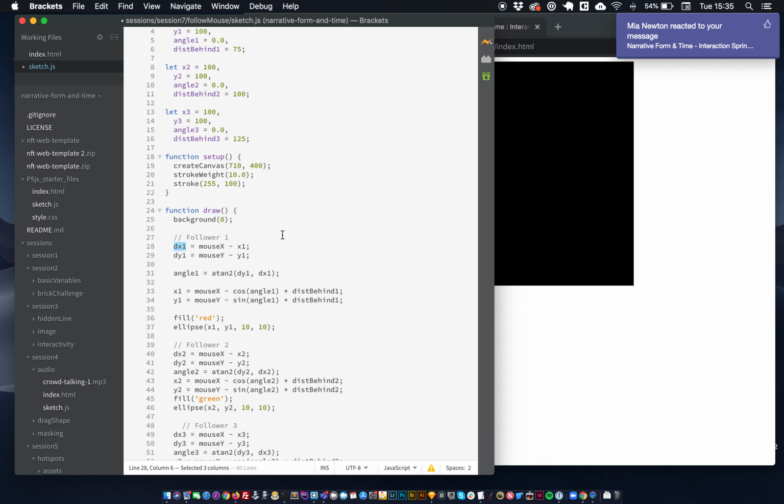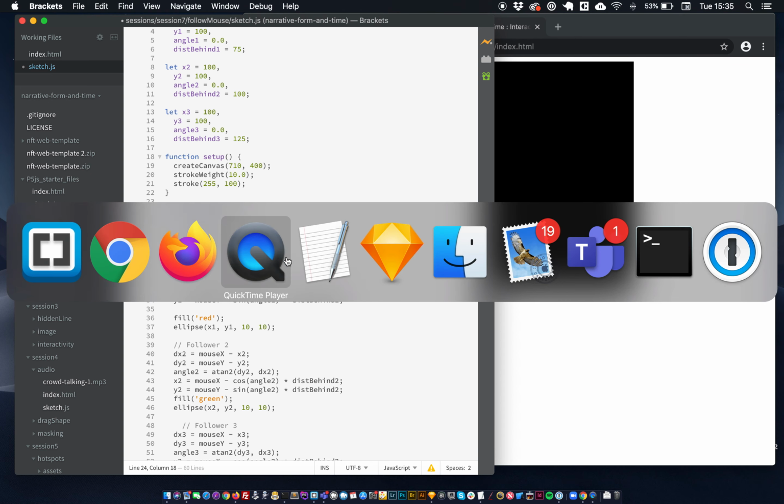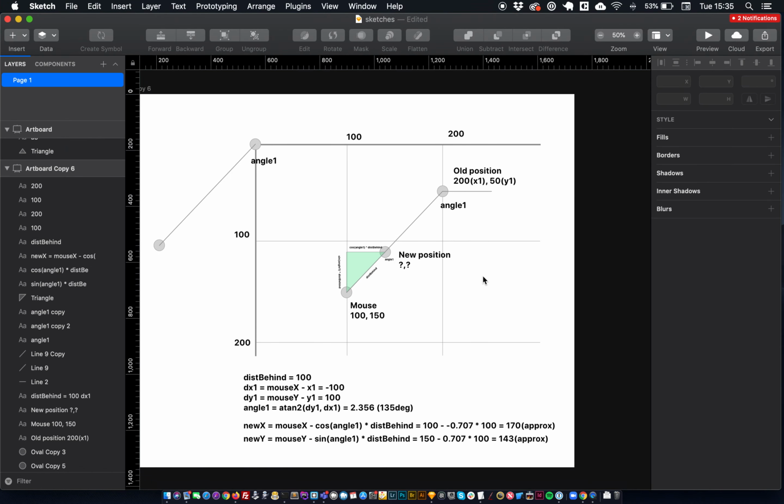I'm just going to whiz through this, and then I'm going to take you over to a sketch file and we're going to talk through it with some diagrams so you'll understand it more. We then use those values to get an angle, and with that angle we figure out the new x and y values, and then we use those new x and y values in the ellipse, and this happens every time we draw. Okay, so I'm just going to skip over now to our sketch file.